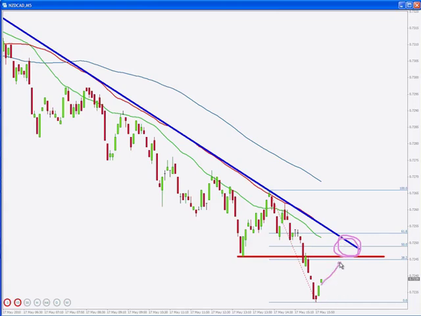Let's imagine price retraces up from the current market price right now, 0.7239. If from this point price retraces up and I see a bounce off that area, that's a rather optimal area to search for my short opportunities, because we have multiple levels.